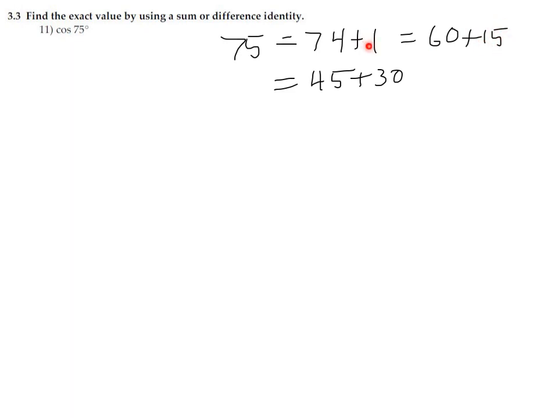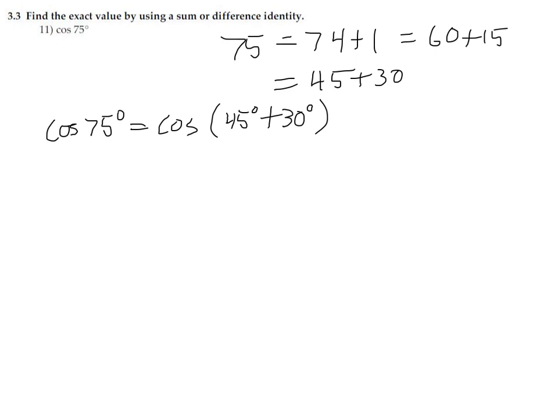And 74 and 1, I don't know any of those on the unit circle. But 45 and 30, I do. So we're going to express our cosine 75 as a sum, cosine of 45 degrees plus 30 degrees.